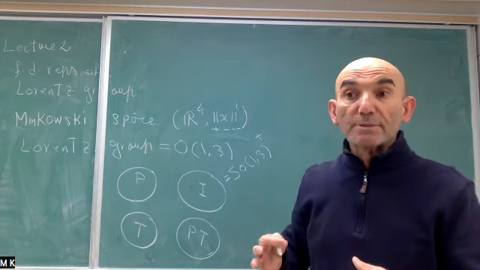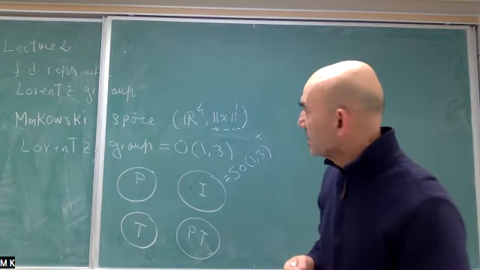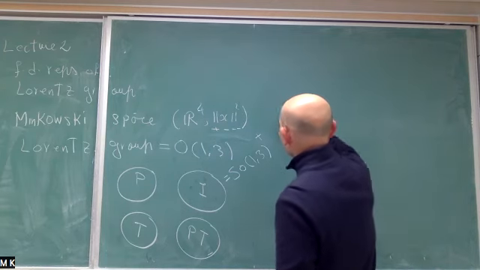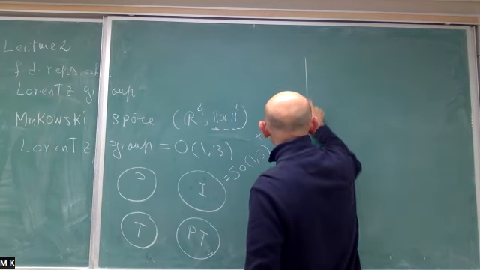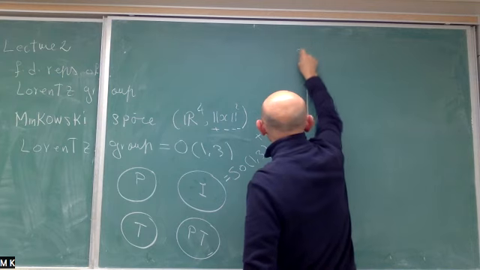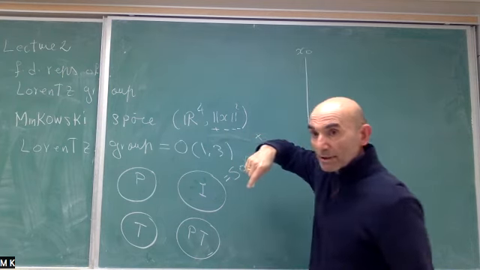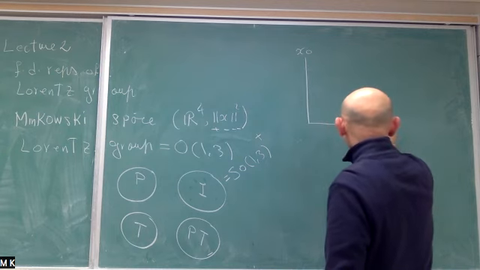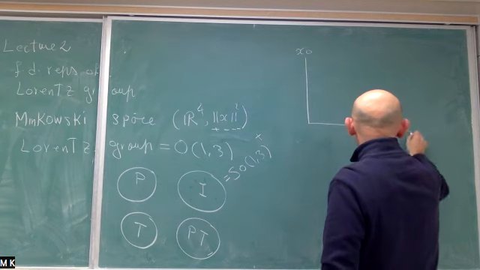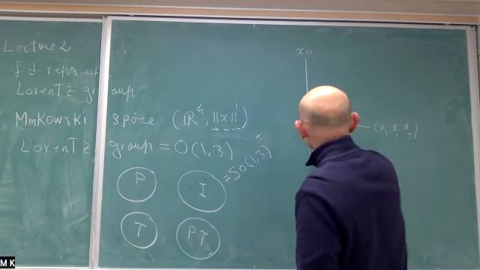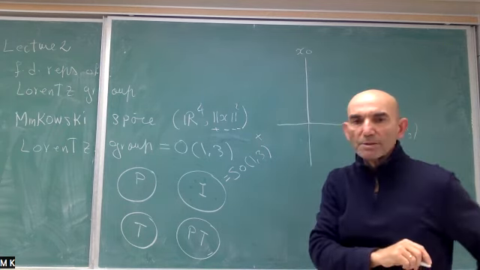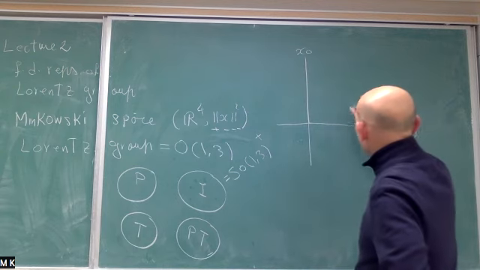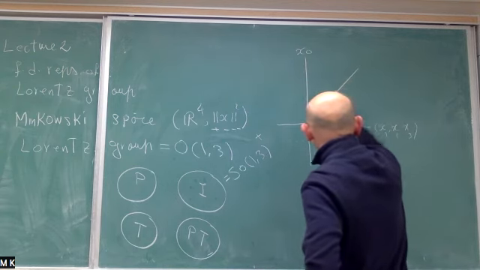By the way, this decomposition of the Lorentz group has to do with a certain structure inside Minkowski space itself. If you look at Minkowski space, we can designate the positive time axis by x0, and the space has the other 3 coordinates x1, x2, x3. And here is the light cone.